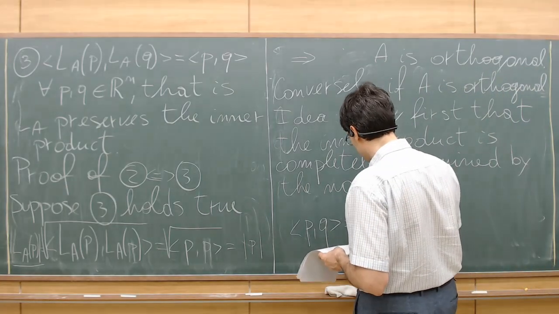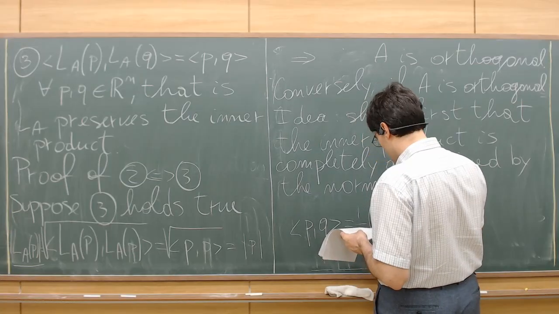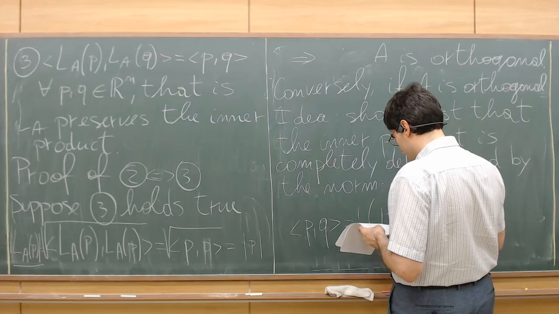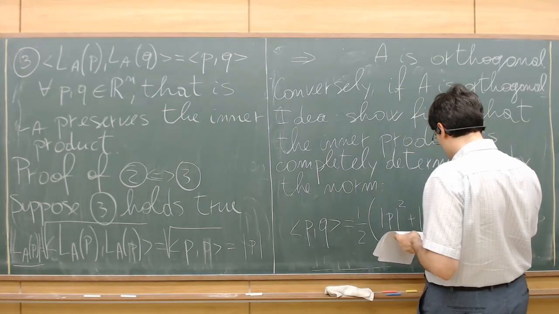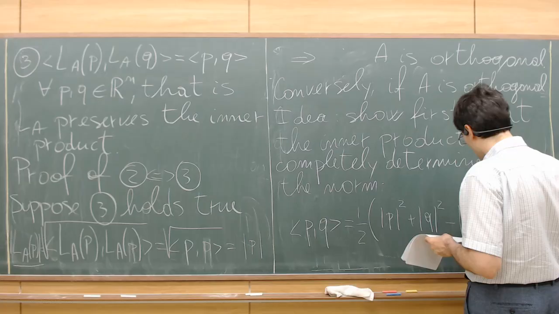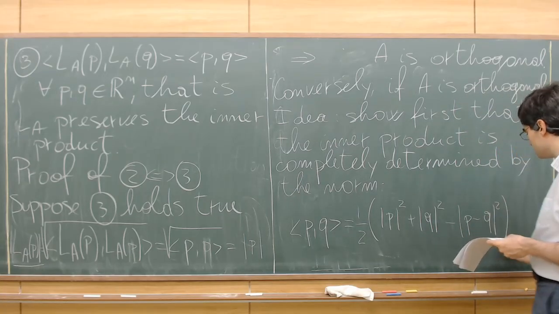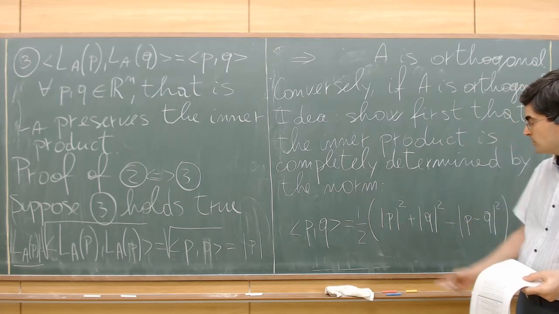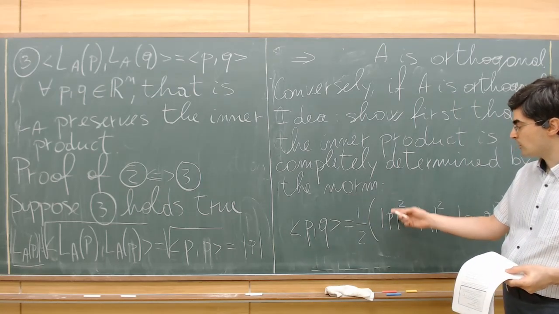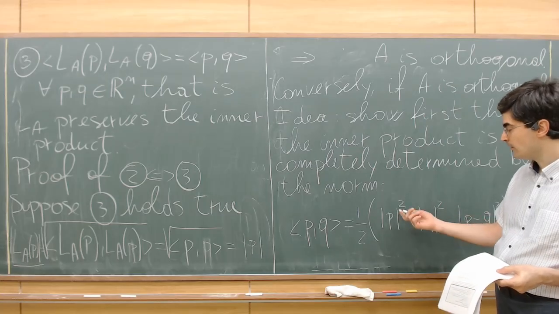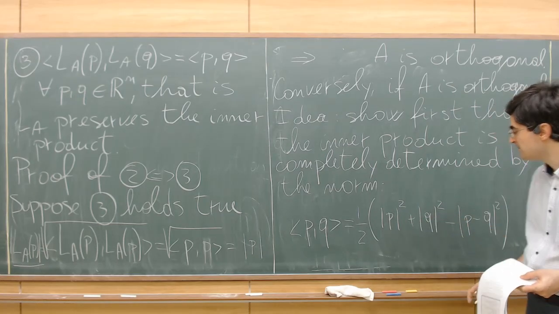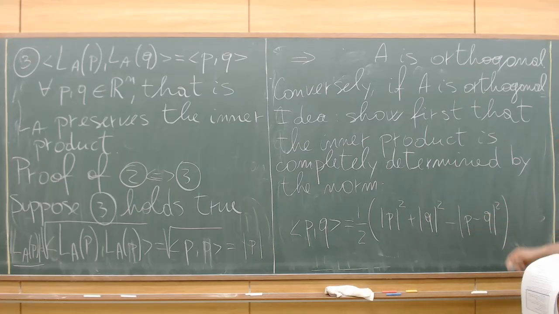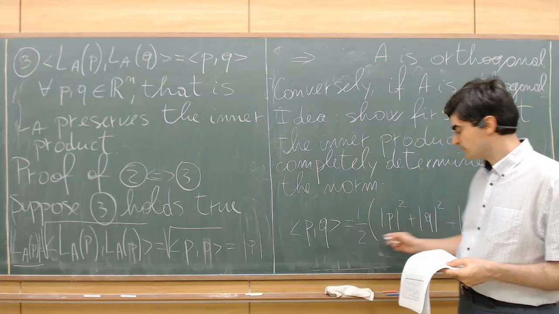We have 1/2 the length of P squared plus length of Q squared minus P minus Q squared. What is a norm? It is the length, what we call the length of P. So here you have the square of the norm of P, or equivalently the square of the length of P. Here you have the square of the norm of Q, and here you have the square of the norm of P minus Q. How can you prove this formula?